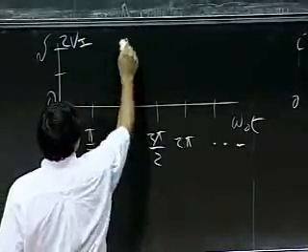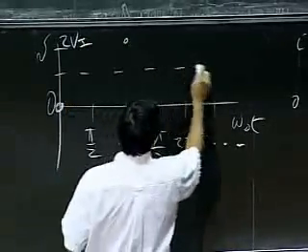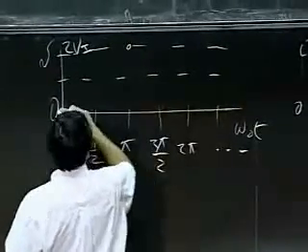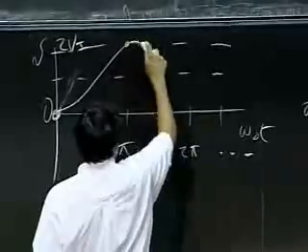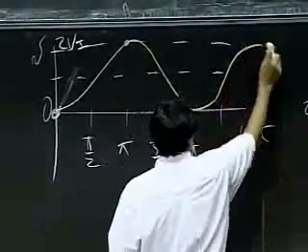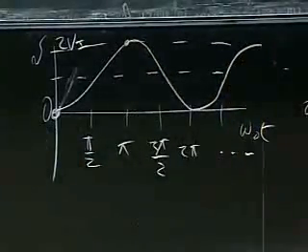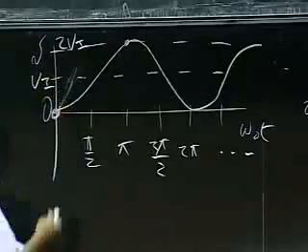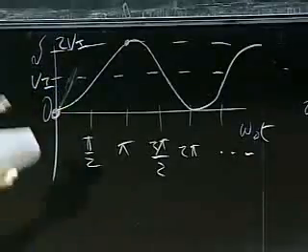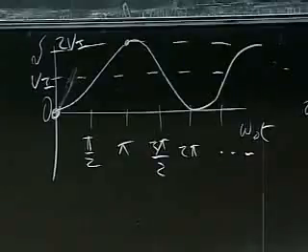So at this point the voltage is here, and notice that this looks like this. It's a cosine that is translated up so that its mean value is not 0, but VI. It's just a translation up of a cosine.